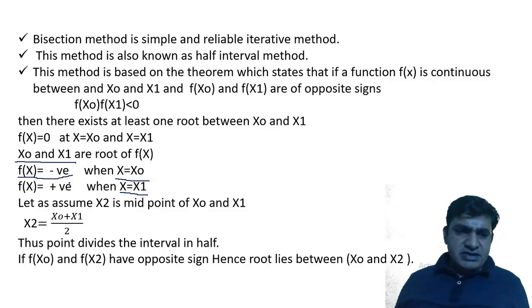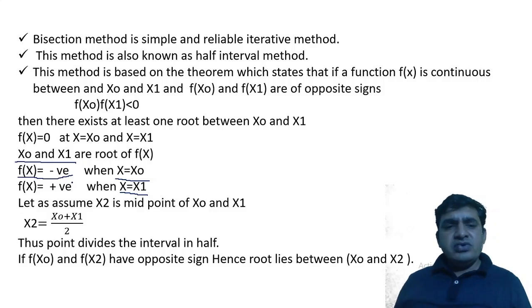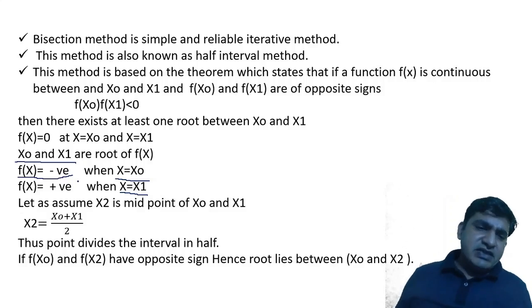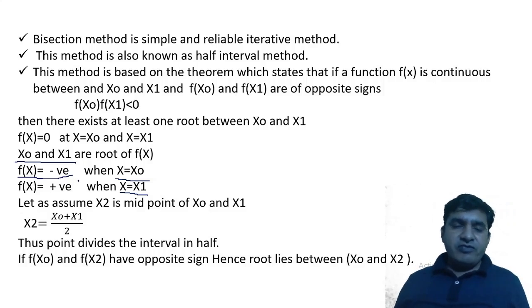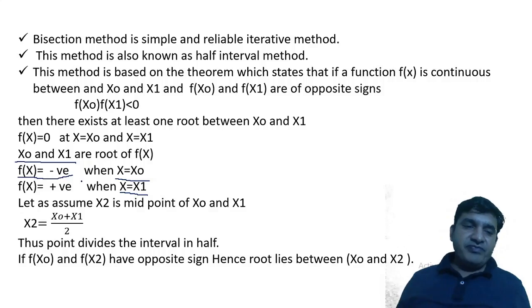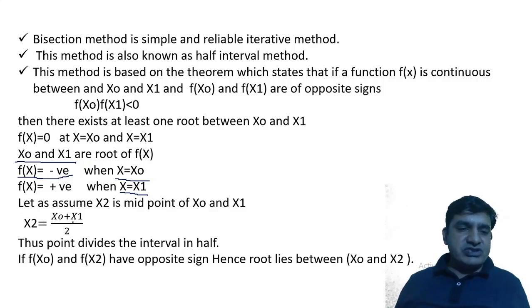Then we find x2, or we can consider x2 as the midpoint of x0 and x1. So x2 is equal to x0 plus x1 divided by 2. Then we again find f of x0 and f of x2.